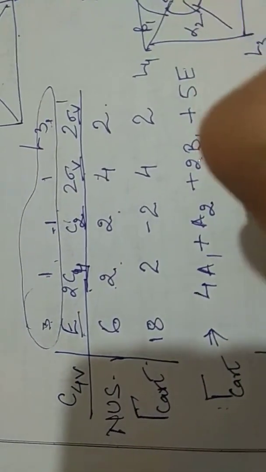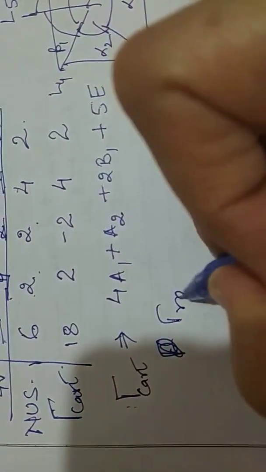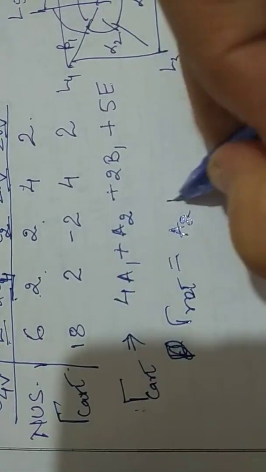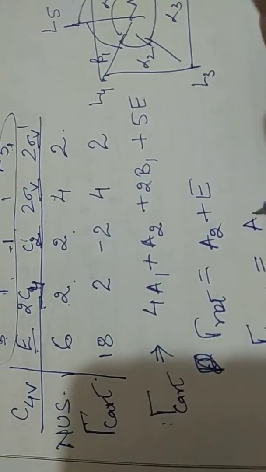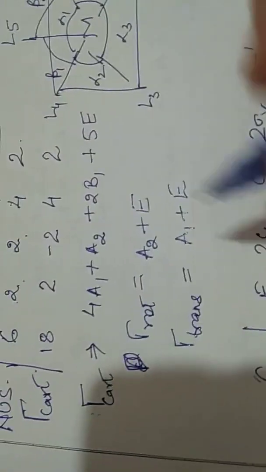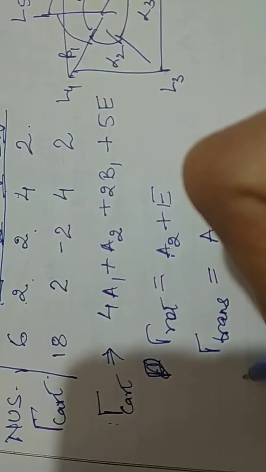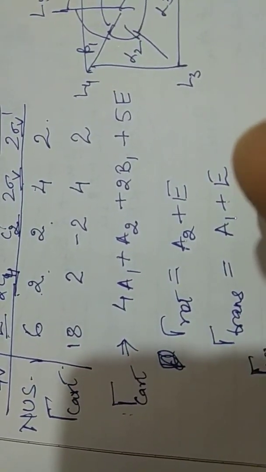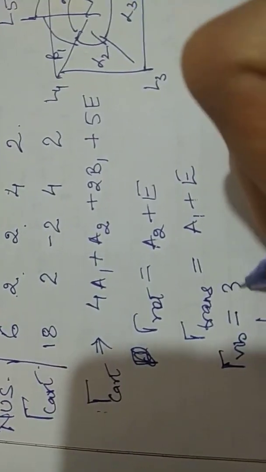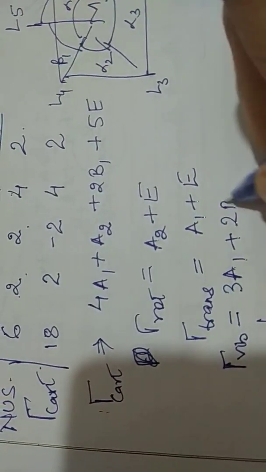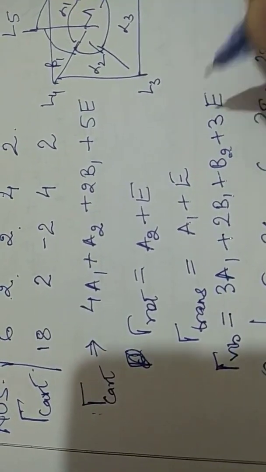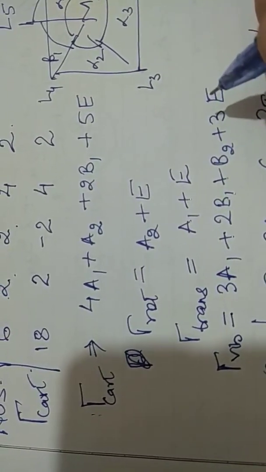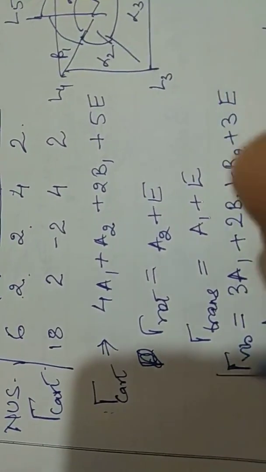Now when you subtract the rotational, check the character table: it is A2 plus E. And translational is A1 plus E. So you can subtract this, and what you are going to get is the vibrational modes, which is 3A1 plus 2B1 plus B2 plus 3E. I think I am clear, right? Okay, so this is what we are getting.